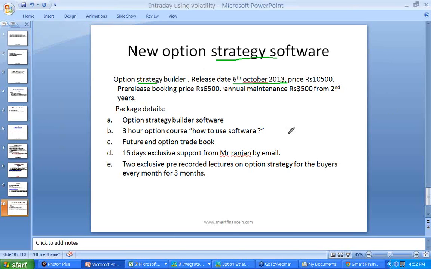So Option Strategy Builder is the only tool in India to give you strategies on options. Mind it, it is the unique tool in India to give you option strategies. And you can see there is a package we are giving along with the tool. You will be getting one option strategy software. A 3 hours option course will be there on how to use the software.